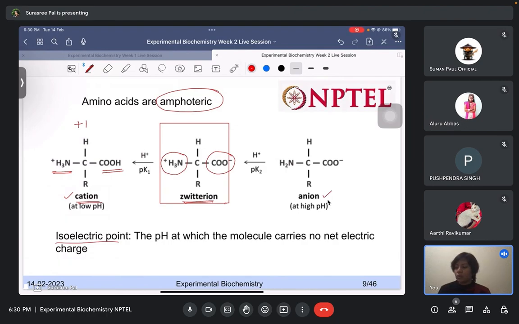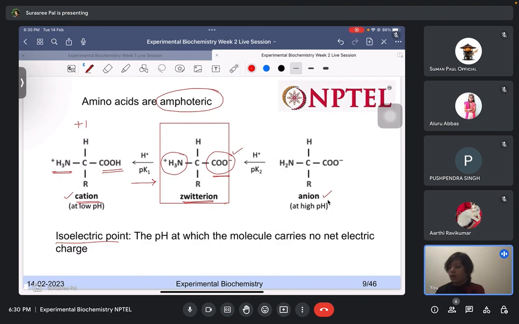However, when you increase the pH, for example by adding NaOH or any alkali or base to the solution, it slowly increases the pH, right? So as you increase the pH, what happens? At a particular pH, the first group that will lose its proton is the alpha carboxyl group, so it comes to the situation where it has COO minus.